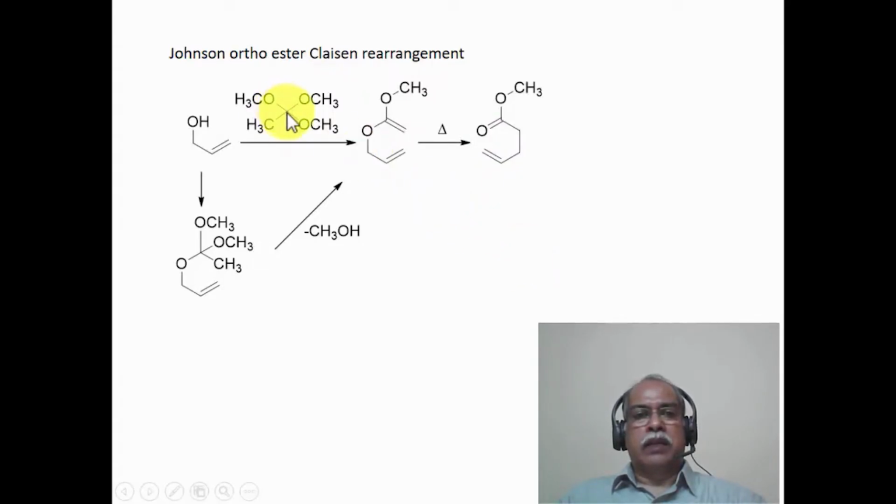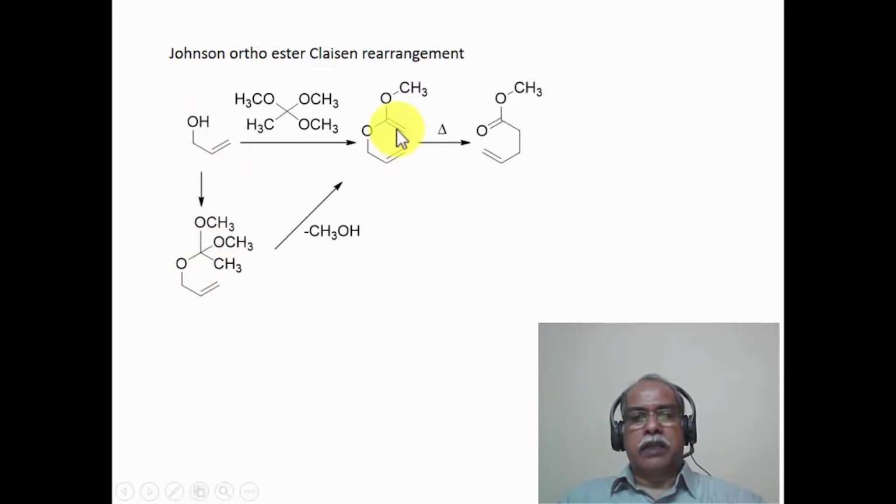The Johnson orthoester Claisen rearrangement is initially a trans-etherification reaction between the orthoacetate of this kind. The orthoacetate under acidic conditions exchanges one of the methoxy groups for the allyl alcohol to produce the corresponding allyl dimethoxy orthoacetate.